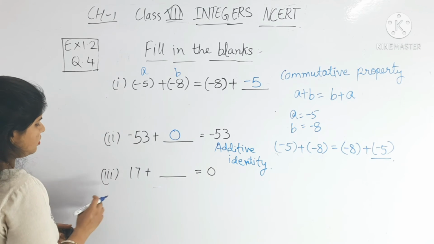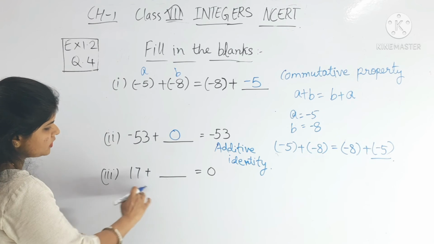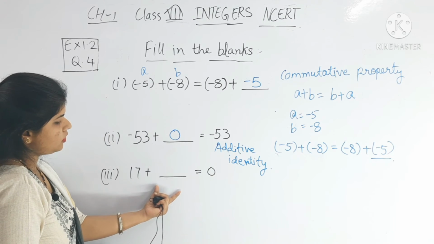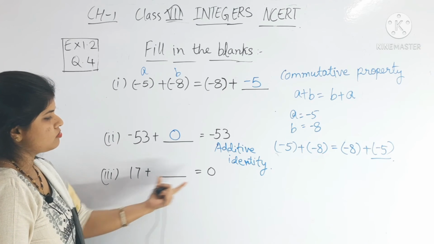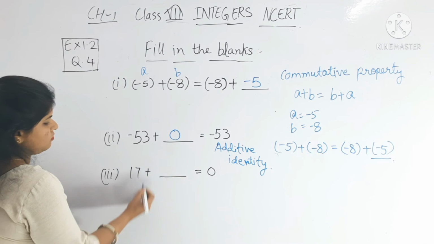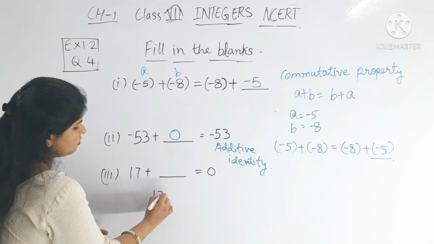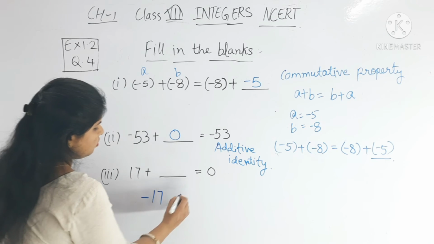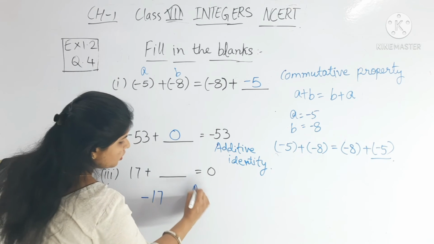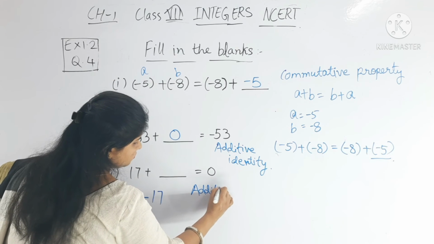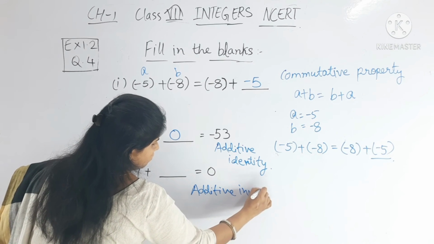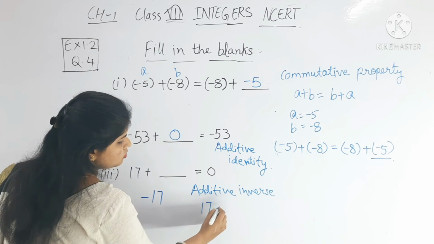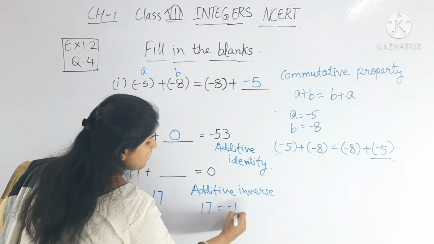Question number 3: 17 plus dash equal to 0. So what will we add with this to get 0? We have to add the same number with negative sign. So this is the additive inverse. If it is plus 17, in additive inverse we will get minus 17.